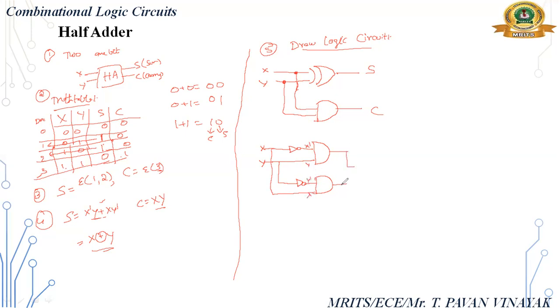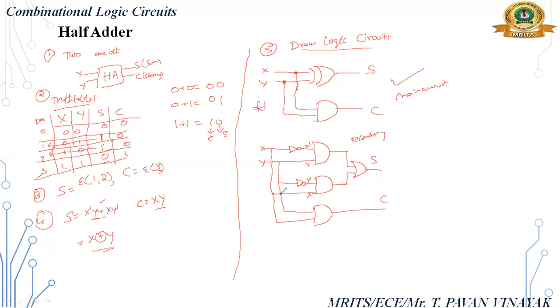Now I am adding them using an OR operation; this plus means OR operation, right? So this is the sum. One more is XY, that is the carry. This is mostly the main circuit, and this is the secondary circuit. You can write both, but this is the main circuit.